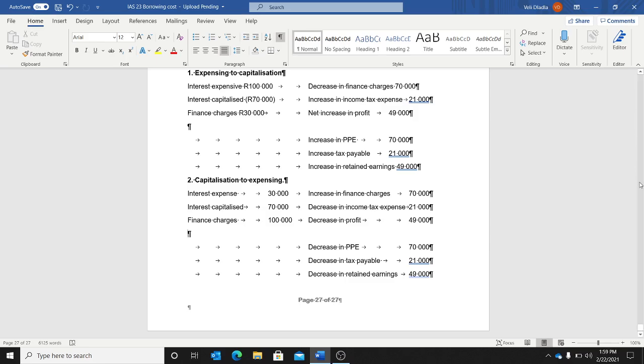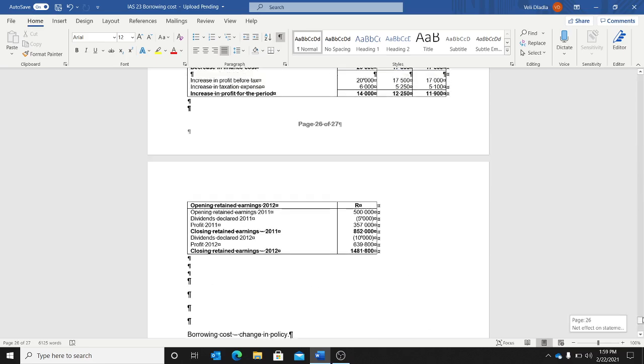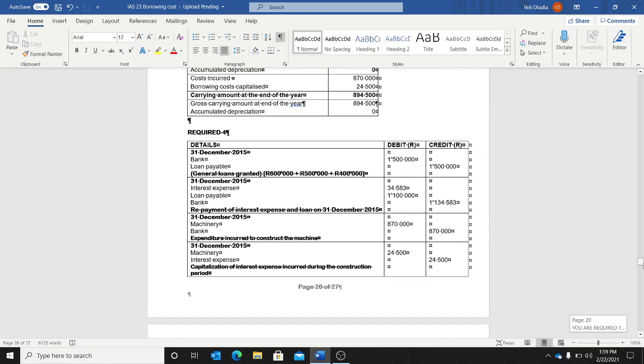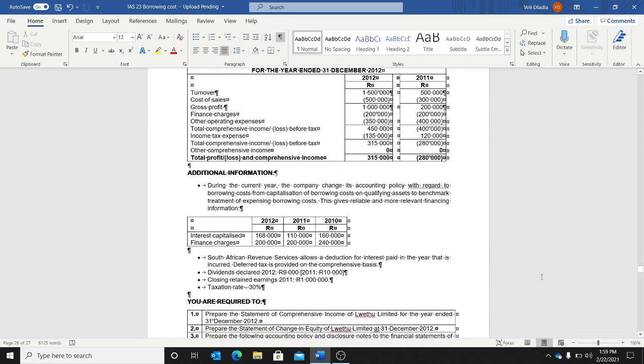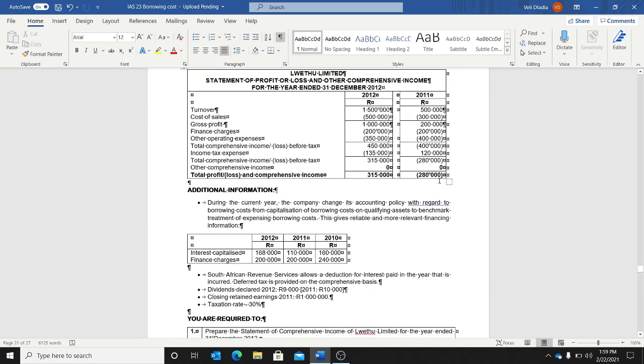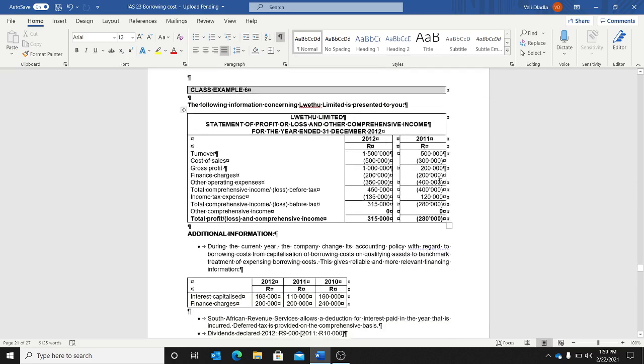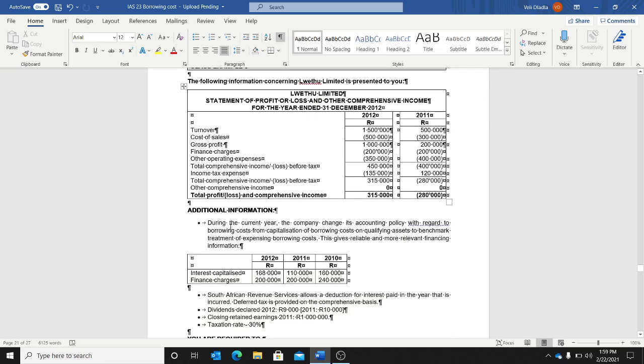So let's then go and check a question here that I've given you. Let's see, it should be this one, yeah. Now, here's the question. It's on page 21 of that handout that I gave you on borrowing cost. It says, during the year, with regard to borrowing costs from capitalization.